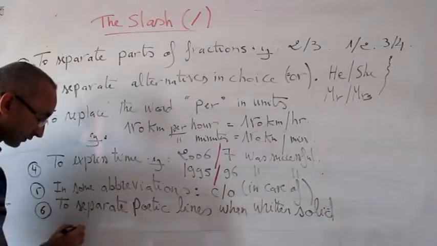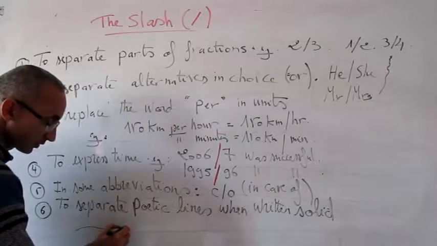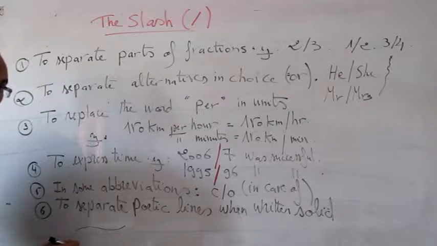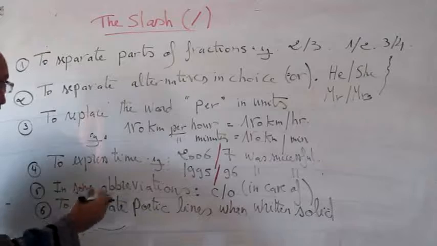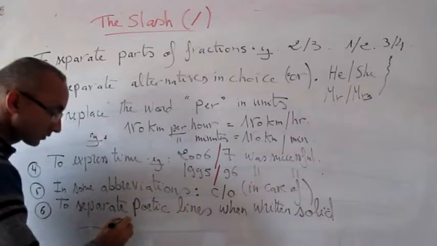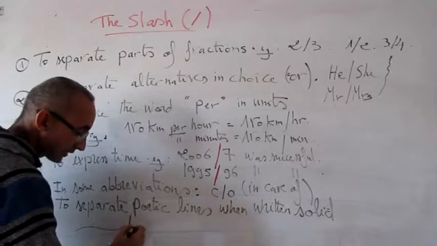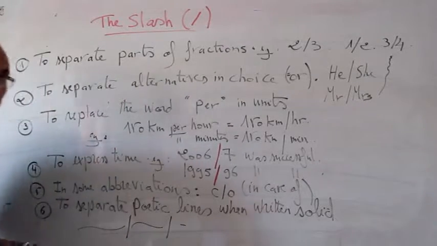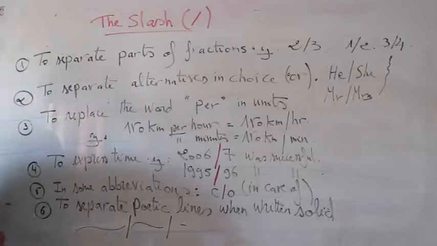For example, you write here a line, now you put a full stop, and you go to the next line to start a new poetic line. But in case you want to continue writing the other lines, put a slash and carry on your writing with the second line, then a slash, third line, and so on. Clear?